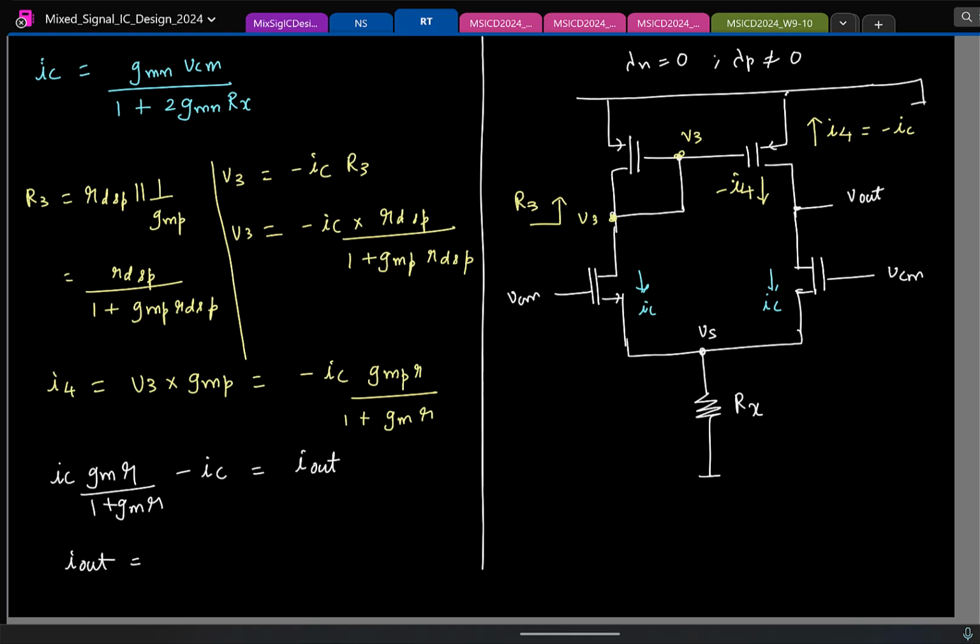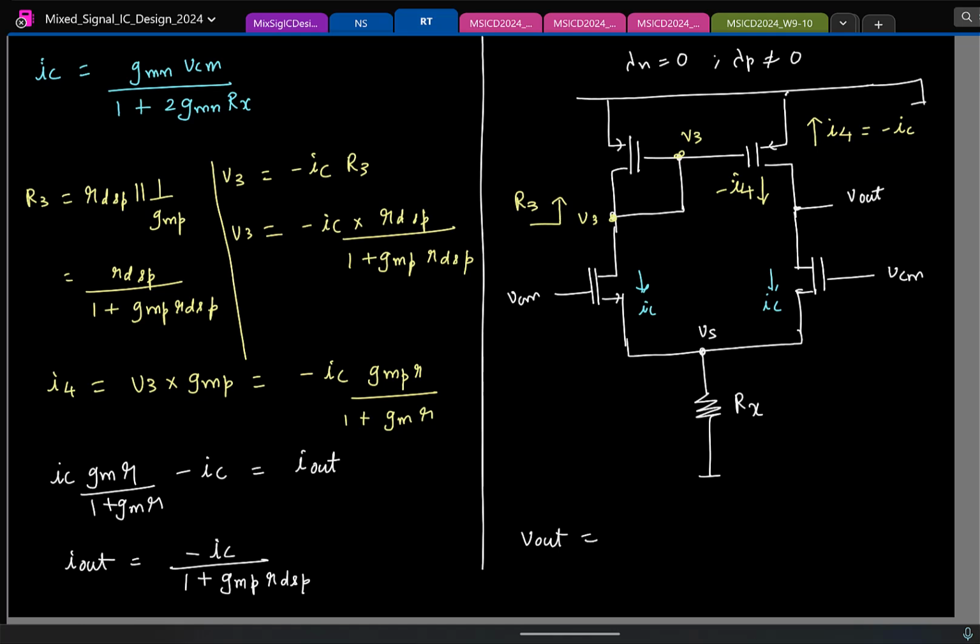Can you check the polarity? It should be minus IC by 1 plus GMP. So this is I out. Sorry, I out. So what is V out?